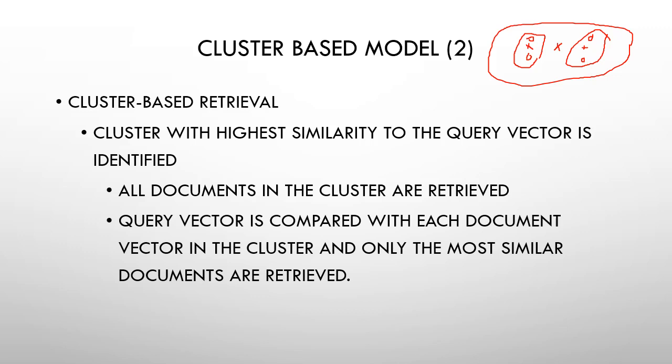So how do we retrieve the document? The cluster with the highest similarity to the query vector is identified. Let's suppose we have a query in our vector space, and I will put it here. This is the query.